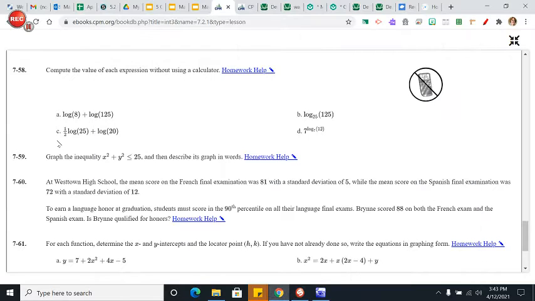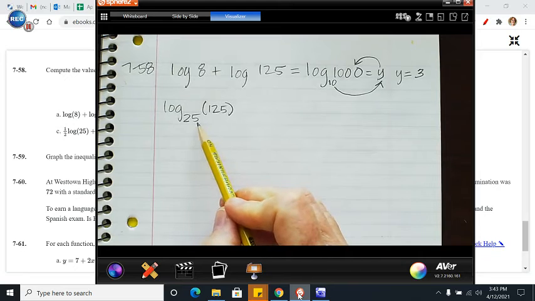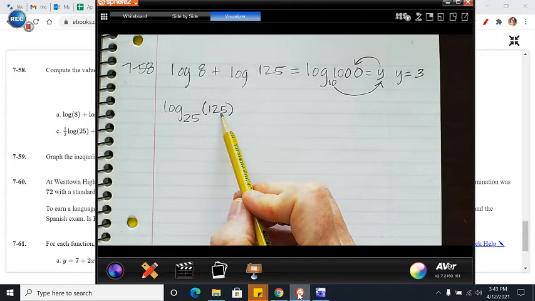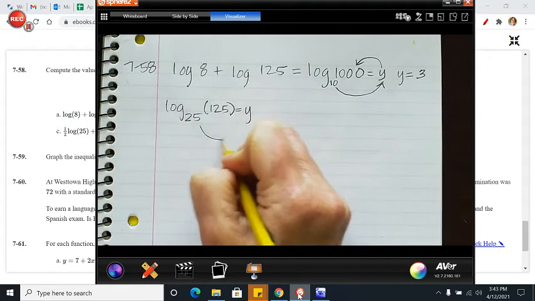Okay, for part B, we have log base 25 of 125. So we could just rewrite this as an exponential. This is 5 squared, this is 5 to the third power. I'm thinking let's just rewrite it.